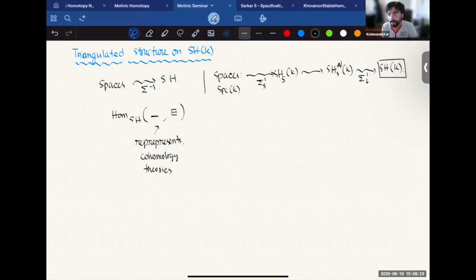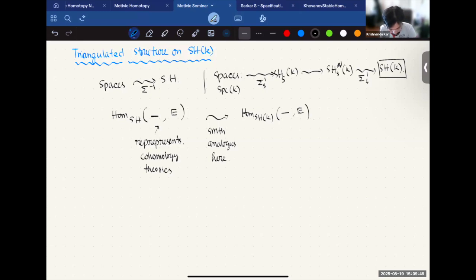What you're trying to build is something analogous here. So we are trying to focus on this object in this setting, whatever that is.